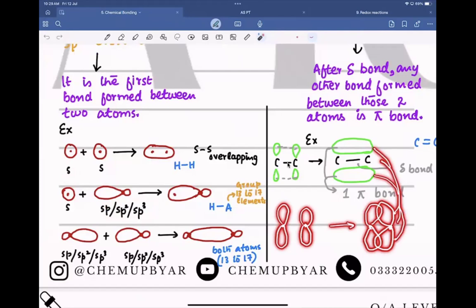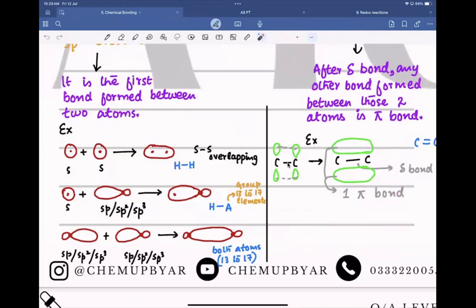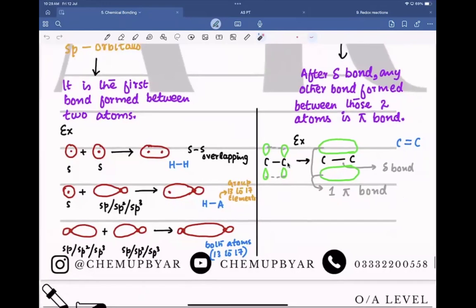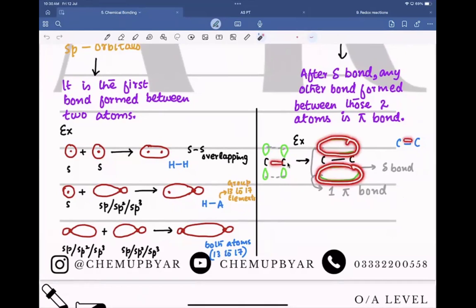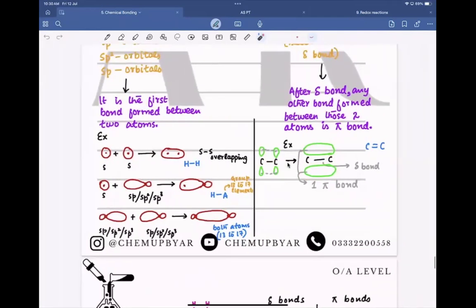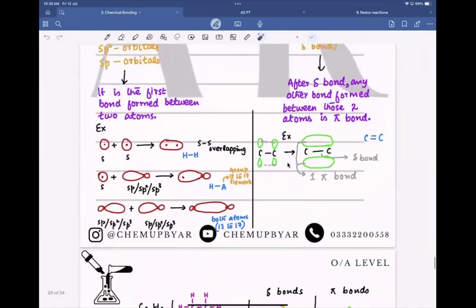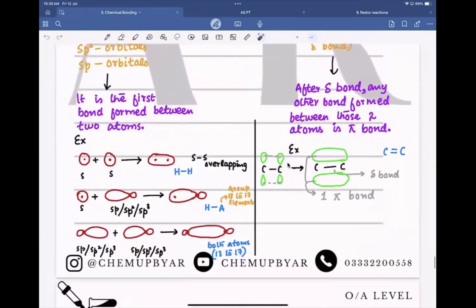That's why we call it sideways overlapping or parallel overlapping. Understandable? A double bond forms. The first bond is already there, and this electron cloud and this electron cloud lead to the formation of a second bond. Is this clear? If you have any query, any confusion, any question, please ask. So over here, there is one sigma bond and one pi bond.